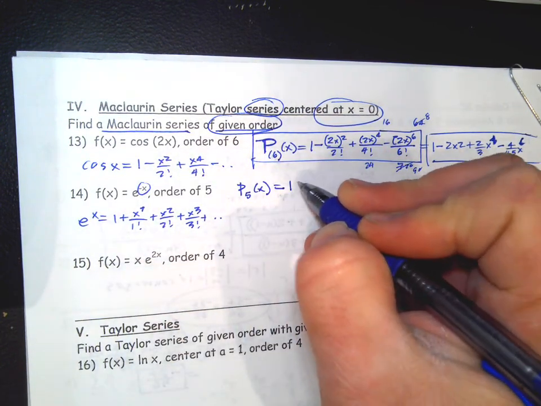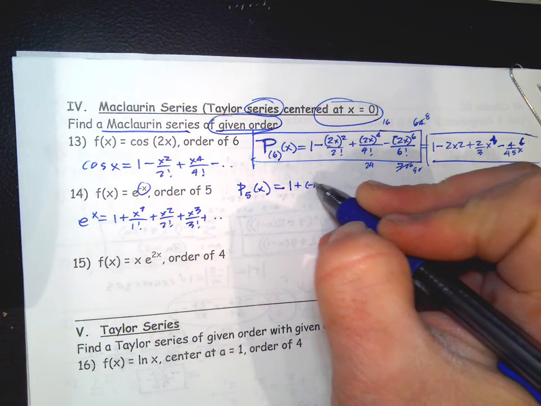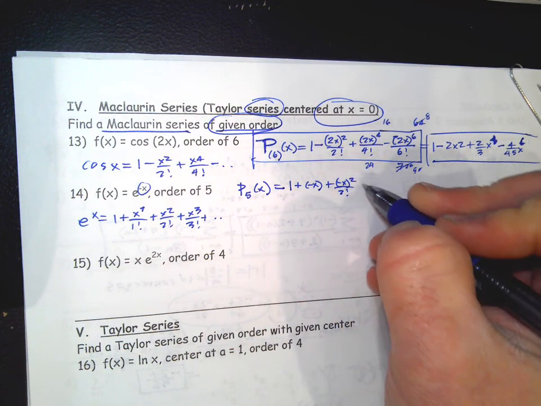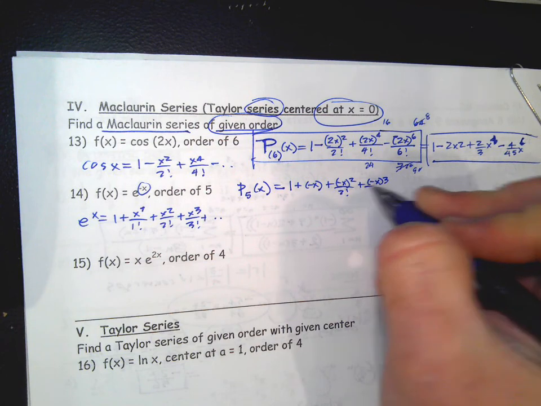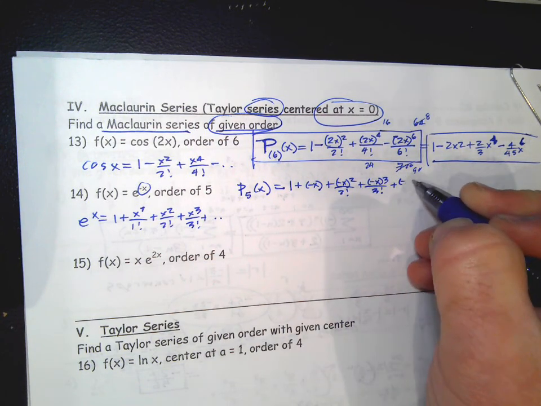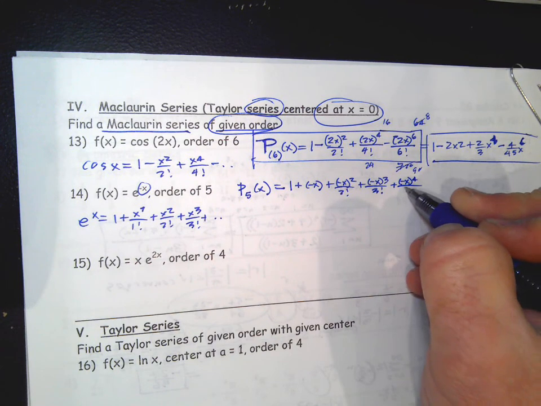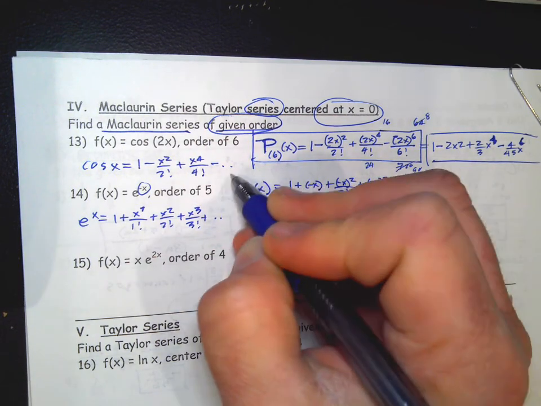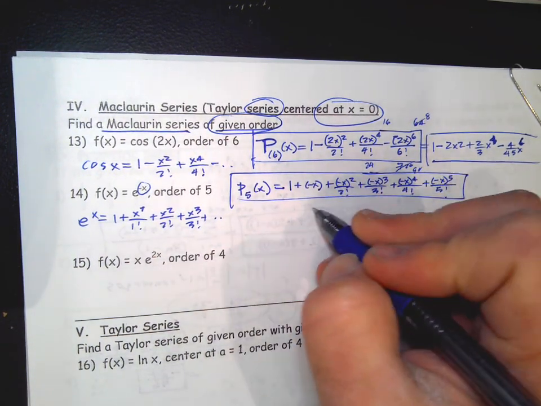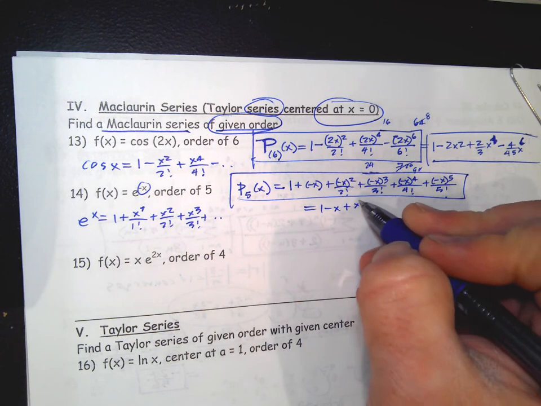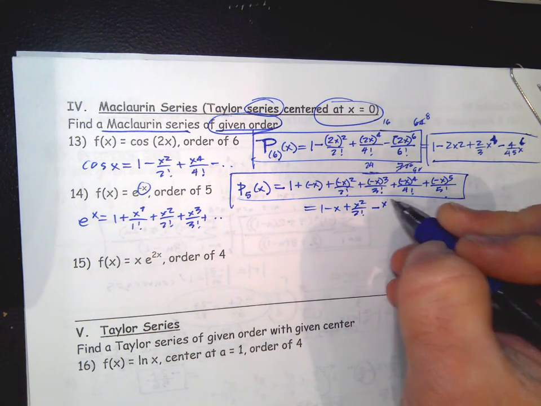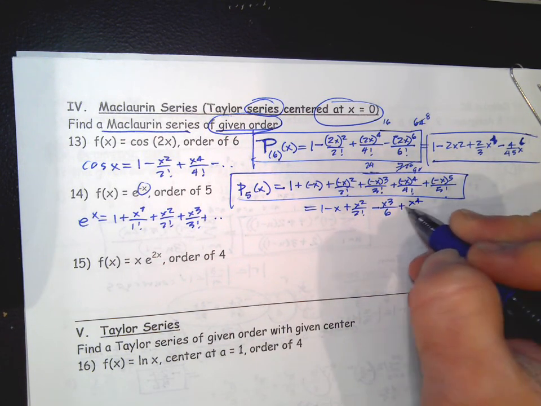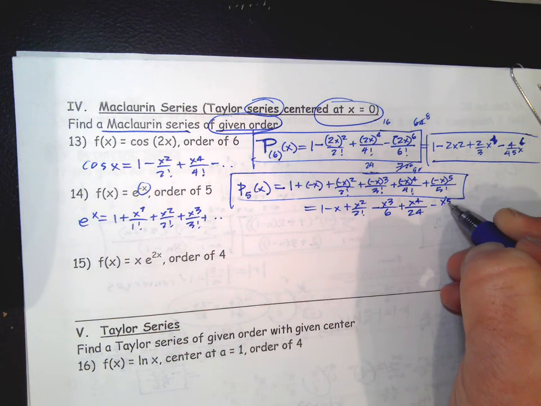So it's going to be 1 plus negative x plus negative x squared plus negative x cubed plus negative x to the 4th plus negative x to the 5th. If we were to simplify it, it'd be 1 minus x plus x squared over 2 factorial minus x cubed over 6 plus x to the 4th over 24 minus x to the 5th over 120.